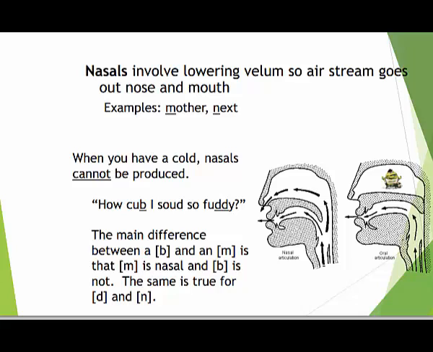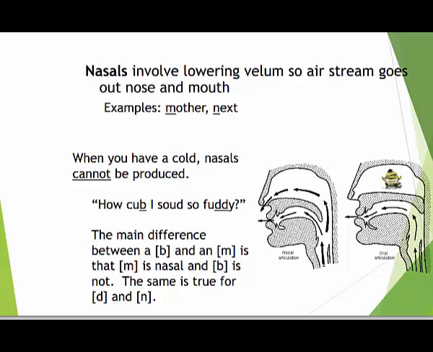Kind of counterintuitively, when you have a cold, you actually cannot produce a nasal. So when people say, "Oh, you sound so nasal, you have a cold," that's not actually true. You sound more oral because the air can't actually flow through your nose.